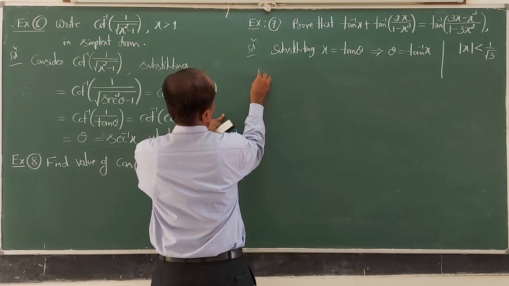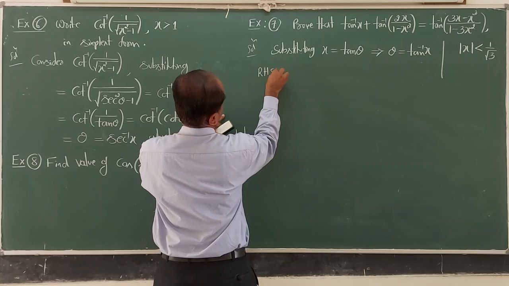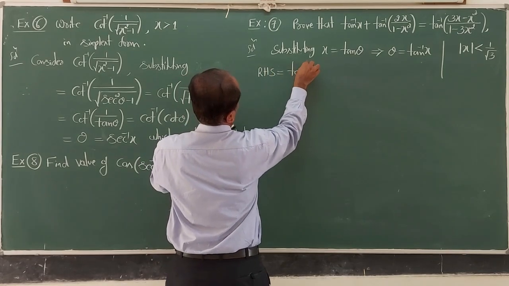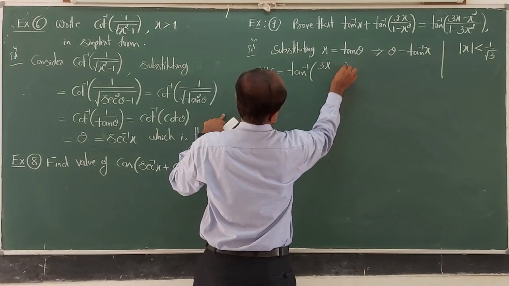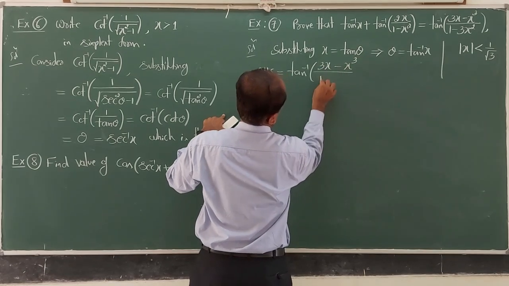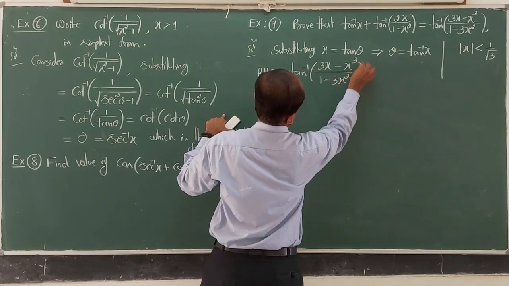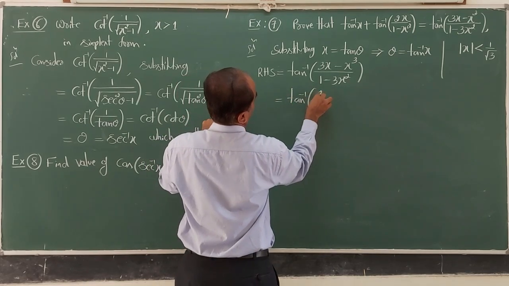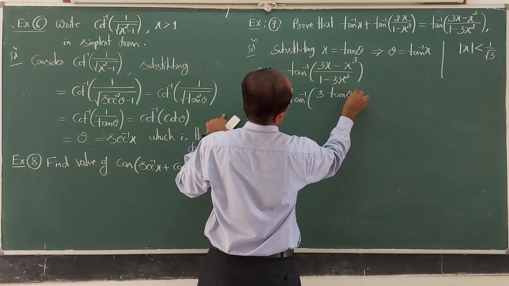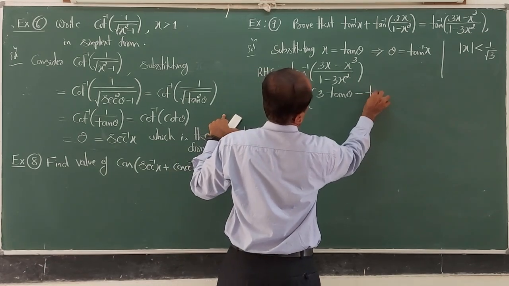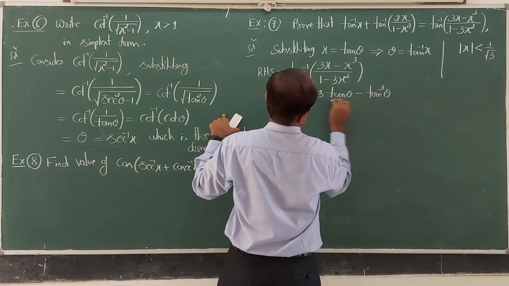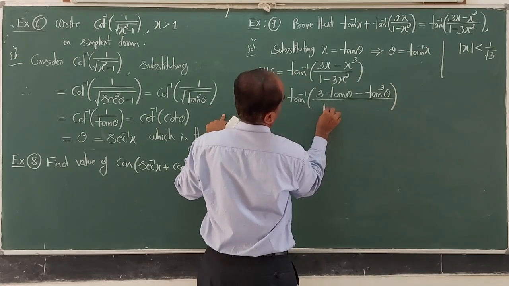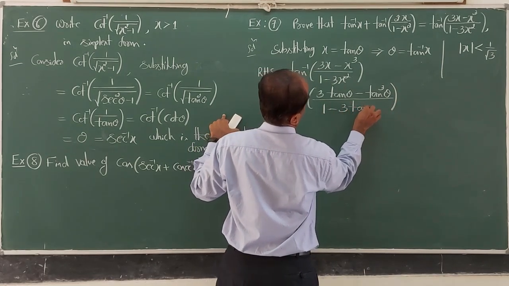So now RHS is tan inverse of 3x minus x cube by 1 minus 3x square. It becomes tan inverse of 3 tan theta minus tan cube theta divided by 1 minus 3 tan square theta.